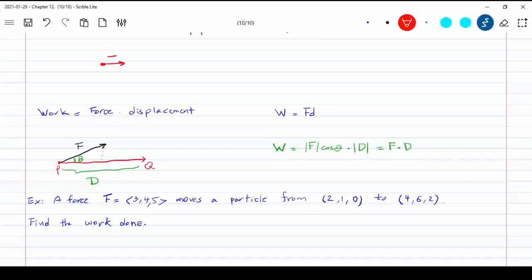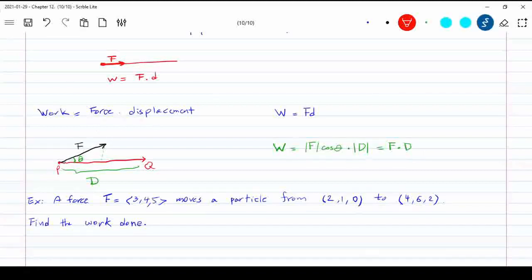So if you had the force and displacement in the same direction, there was no angle between the force and the displacement.